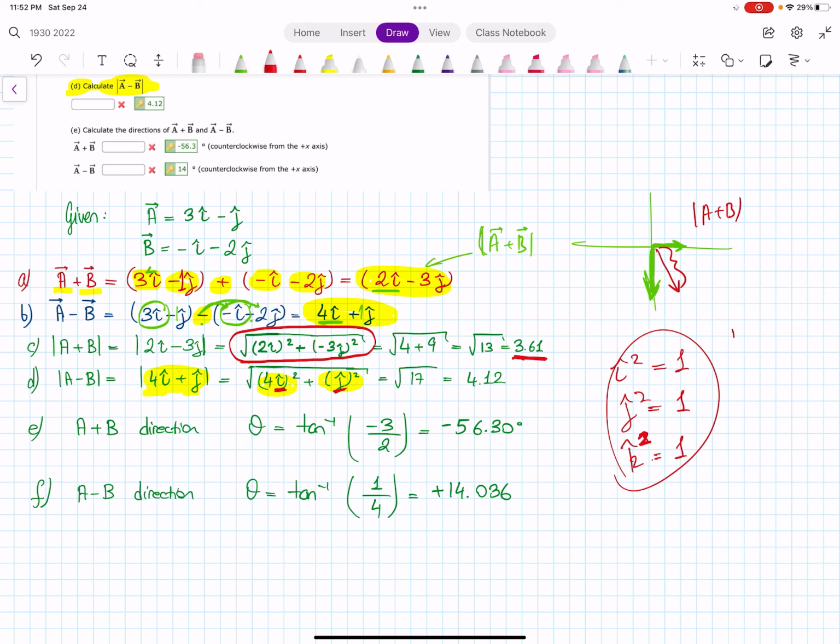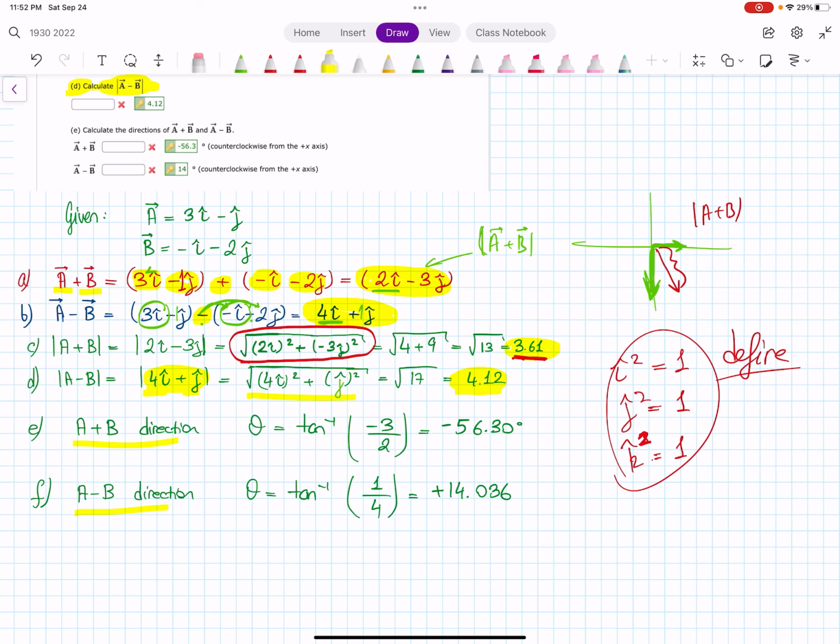This is a definition. This way, you are eliminating the confusion of what happens to j hat squared or i hat squared or k hat squared. Take the Pythagorean theorem, and you get the magnitude of the vector.